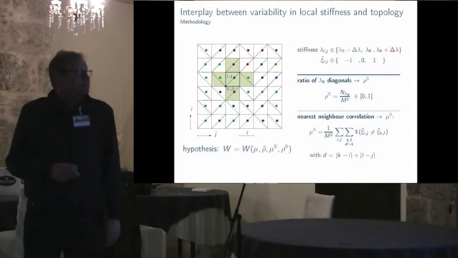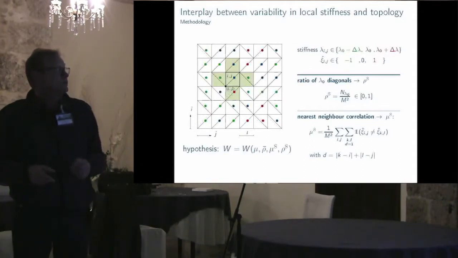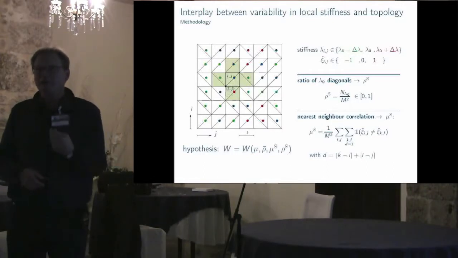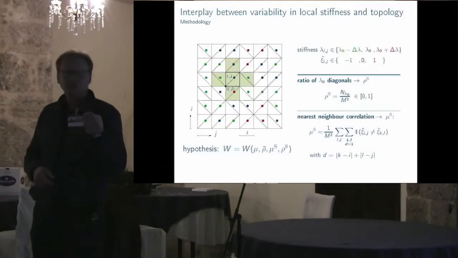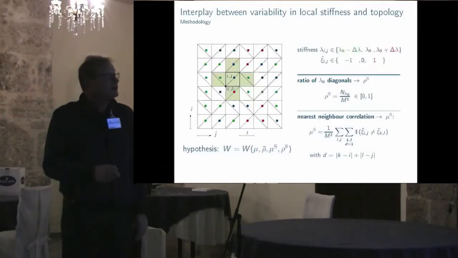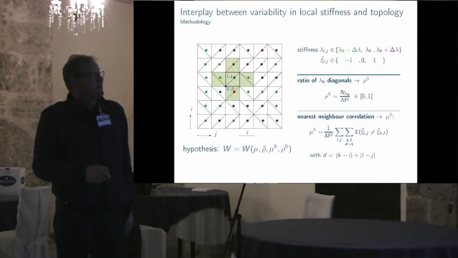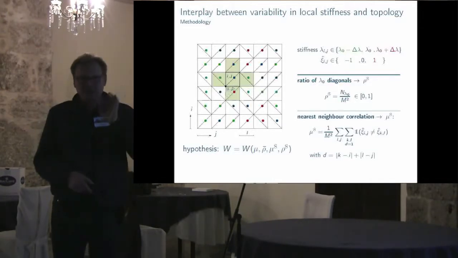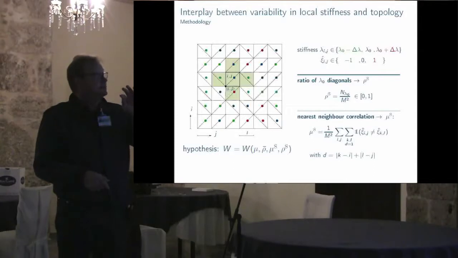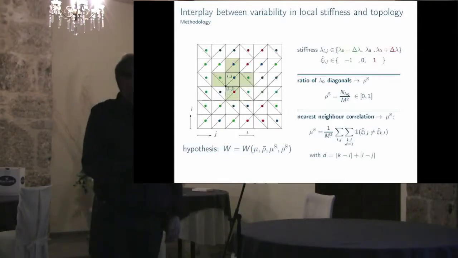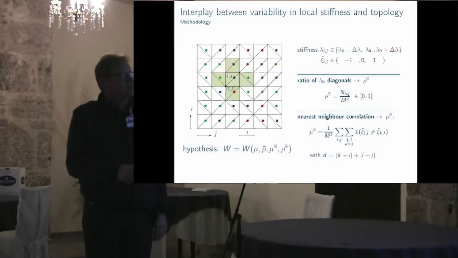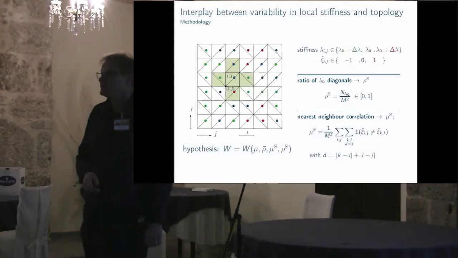And the next step was to ask what happens if we at the same time vary the material characteristics in this network. We apply a similar scheme, considering exclusively at the moment the diagonal trusses, defining a ground stiffness, so to say, lambda naught, and two possible variations.